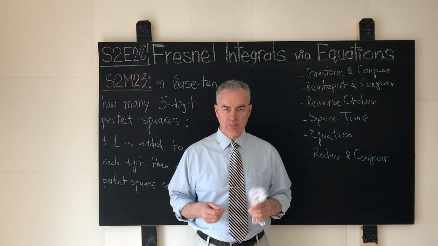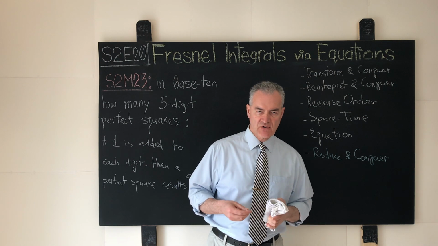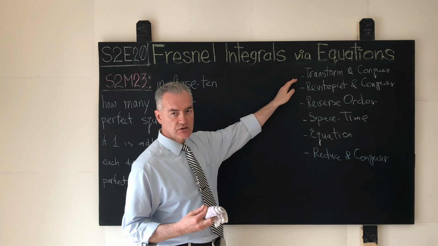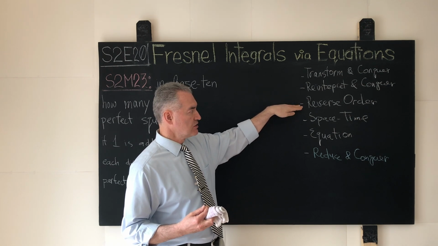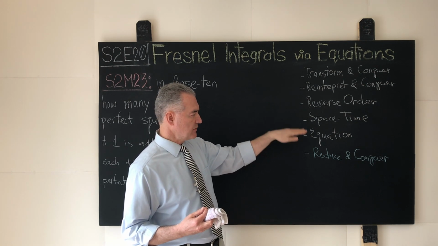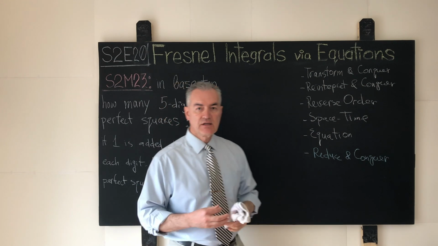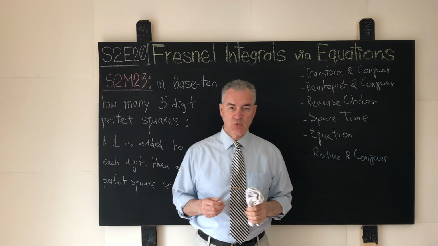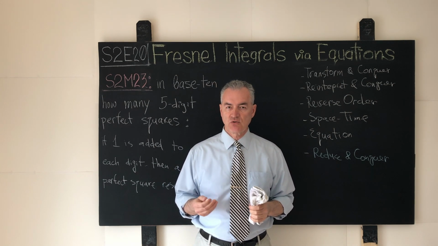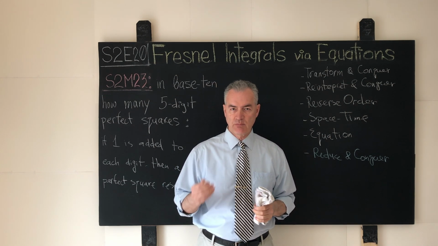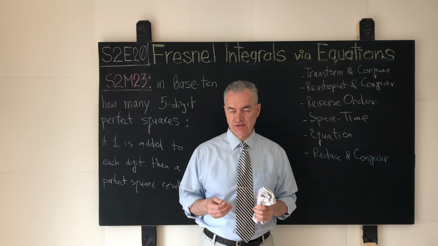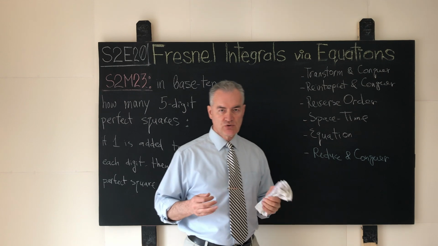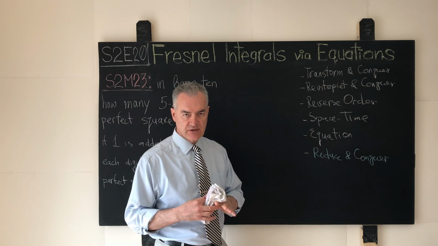Quite the opposite. So far, we have covered the following problem solving approaches: transform and conquer, reinterpret and conquer, reverse order, space-time, and equation. And in the previous problem that we just solved, the problem S2M22, where we managed to evaluate the Fresnel integrals over the positive branch of the x-axis via the equation problem solving approach, we actually used which of the approaches that we studied?